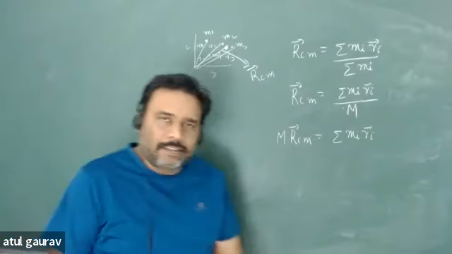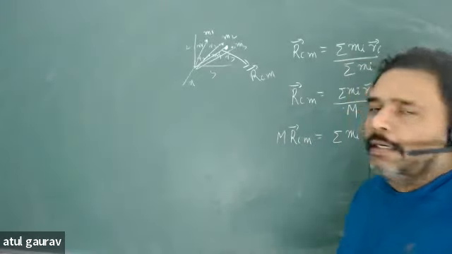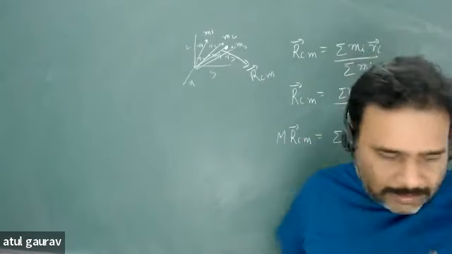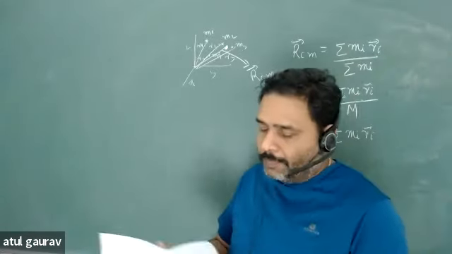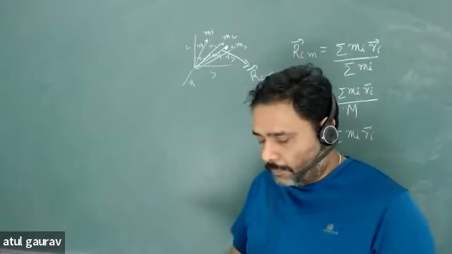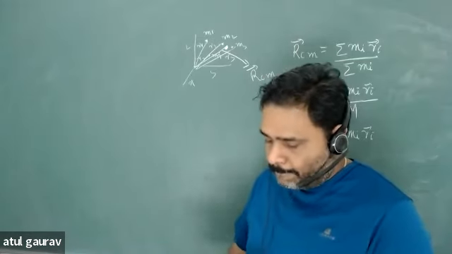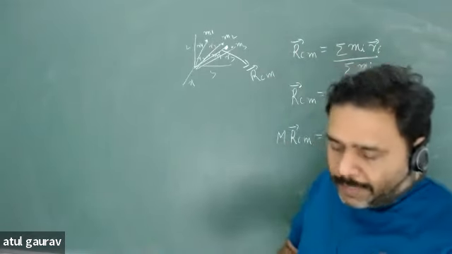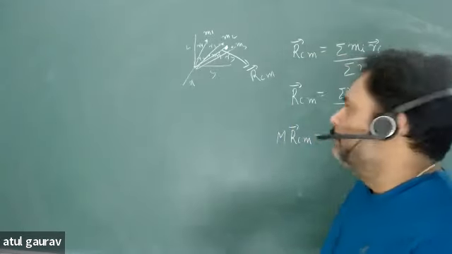For example, let us go for one example from a central force problem. I am taking this from your tutorials, where we will use the concept of center of mass. You have two binary stars, S1 and S2, whose masses are m and 2m.